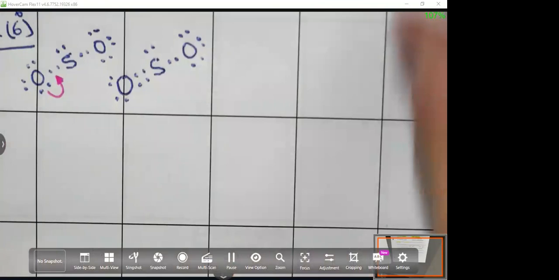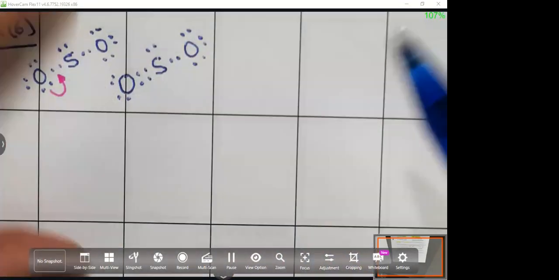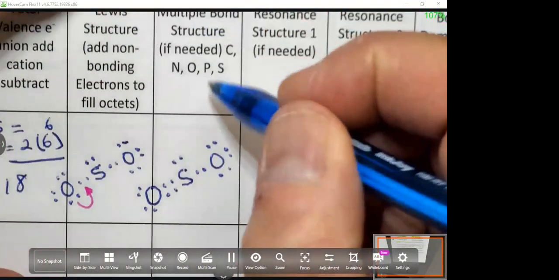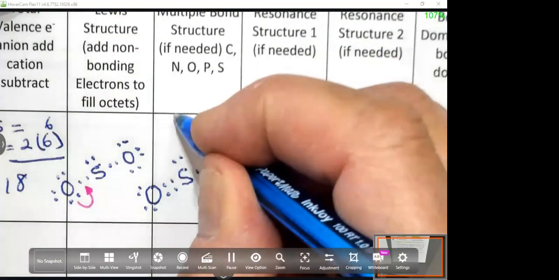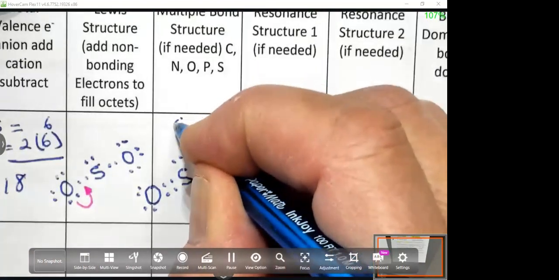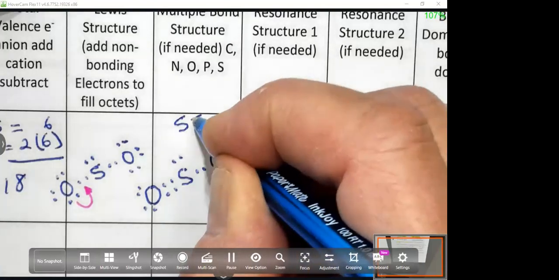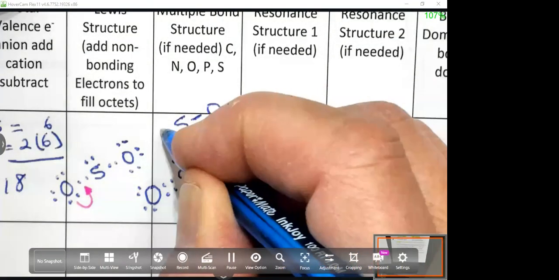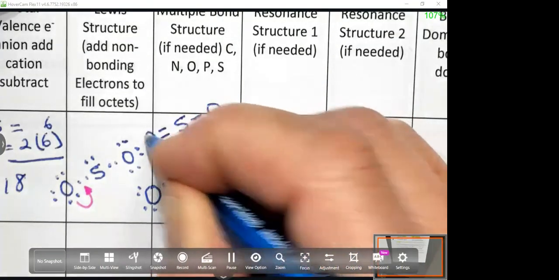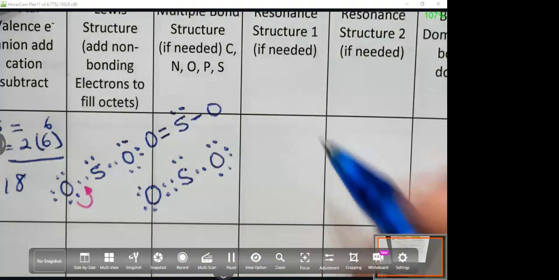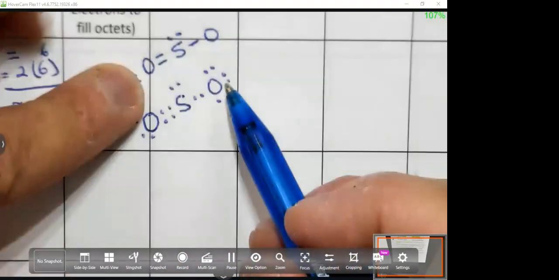However, we know for sure that, if we drew this out another way, like this, put a single dash there, double dash there with a pair of electrons, you might see it like that too.